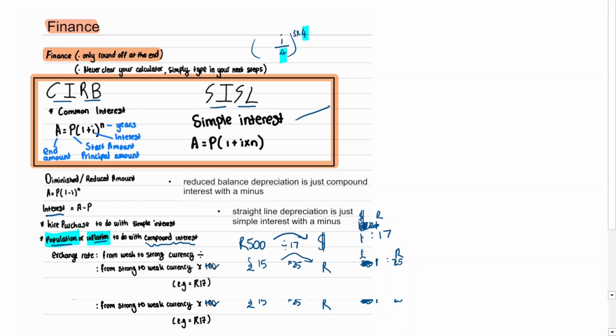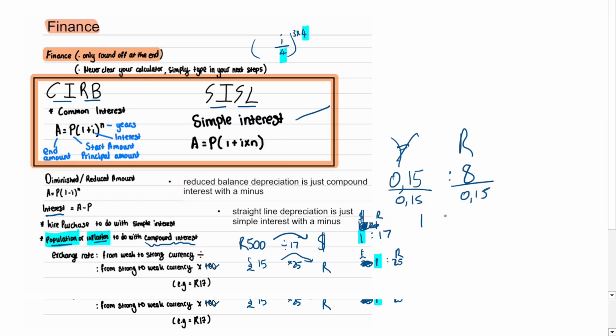Even if you don't know your currencies and which is stronger, it will always be the smaller number that is the stronger currency. So if you've got something like 0.515 of some currency is to 8 of another currency, and you're not sure which is stronger, what you do is you divide both by the smaller number.